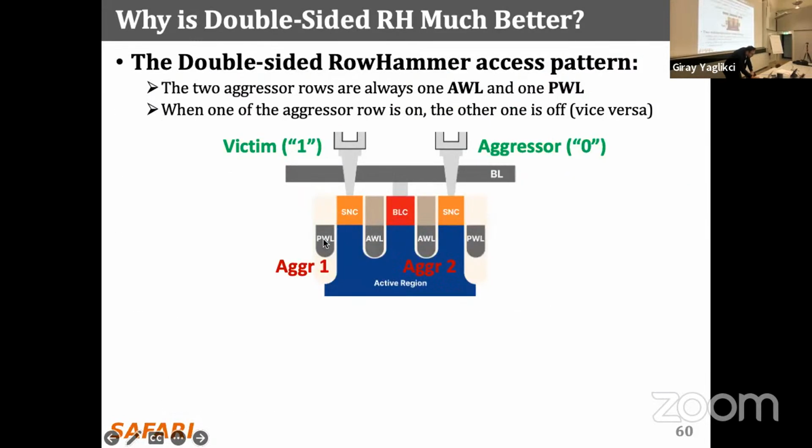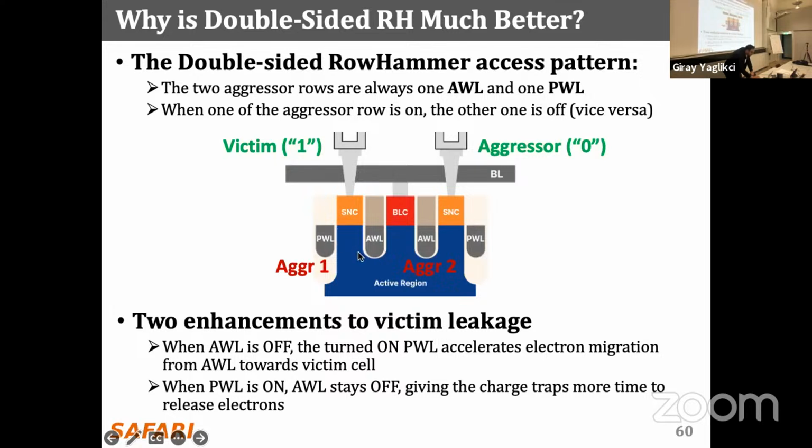Okay, I'm missing one slide here, I guess. Maybe we can repeat this class with Hasan later on. But essentially, when you have these two aggressor rows, one of them is AWL, the other one is PWL. One aggressor row is on, the other one is off. Once you activate this one, you attract electrons to this side.